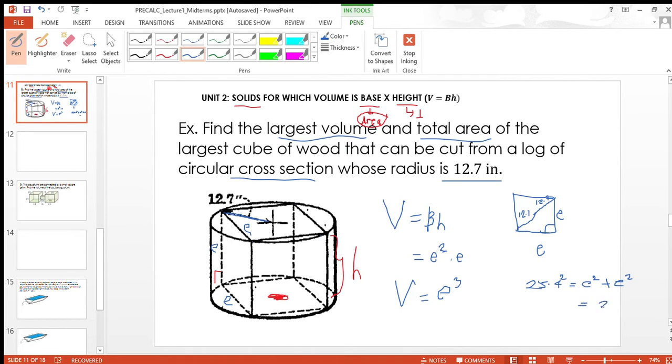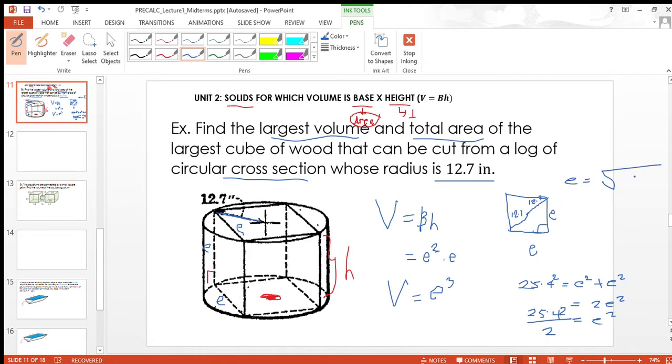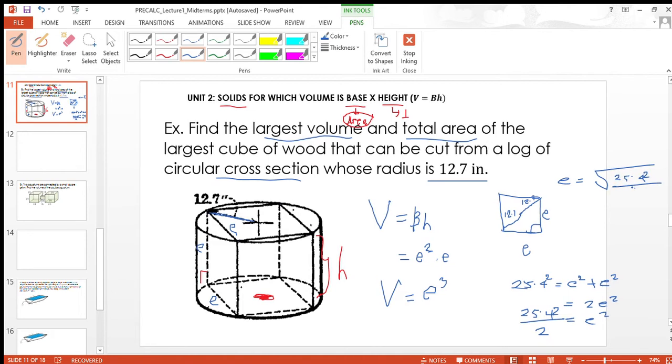And then you have 2E squared is 25.4 squared, or E squared will be 25.4 squared divided by 2. Or E will now be the square root of 25.4 squared all over 2. So you can easily compute the value of E from this equation. Whatever value of E you get there, substitute it here, then you're done with the volume.